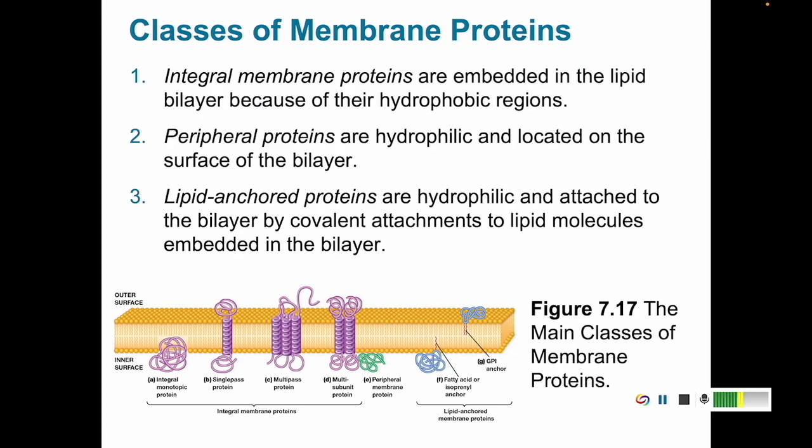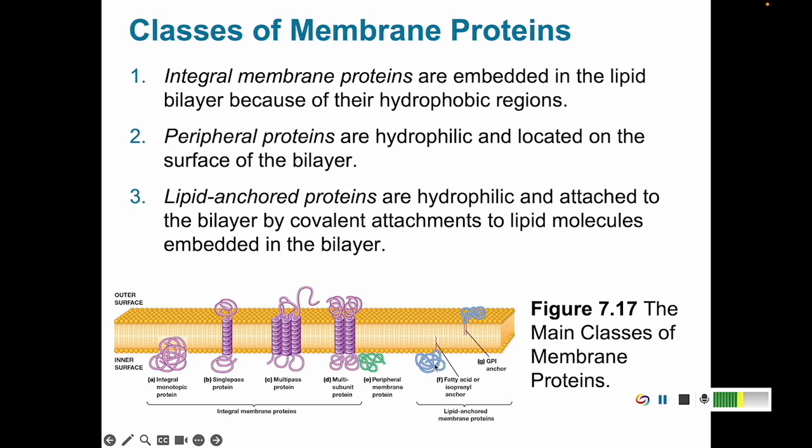Integral membrane proteins are embedded in the lipid bilayer because they have hydrophobic regions. Whatever part is going through the plasma membrane is a hydrophobic region. Peripheral proteins do not have hydrophobic regions. Peripheral proteins are hydrophilic, so they're going to be maintained within the cytoplasm or extracellularly, just on the surface of the bilayer.